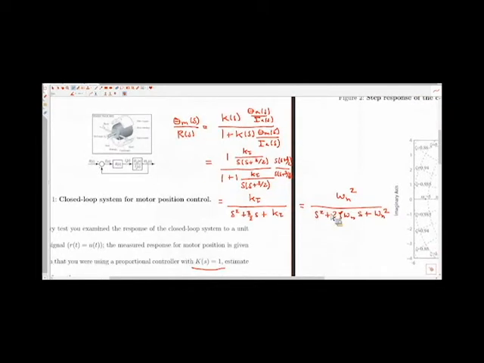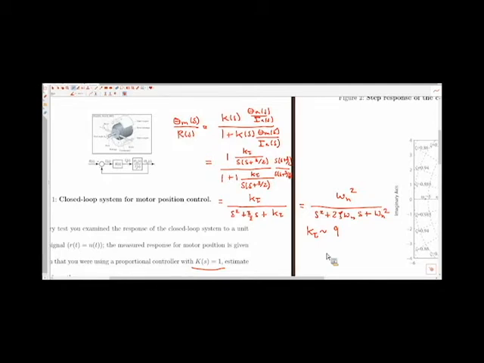Okay, so by comparing these two, we would say that K tau, everything here is an estimate, right? We say that K tau would be estimated to be 9 in this example.